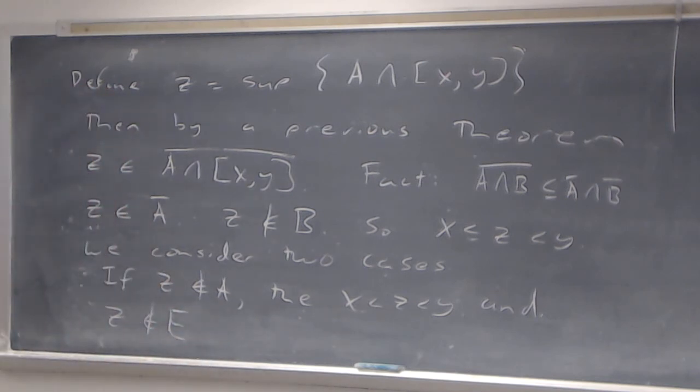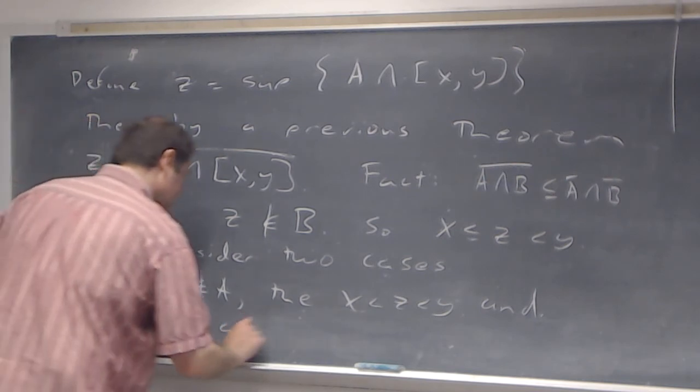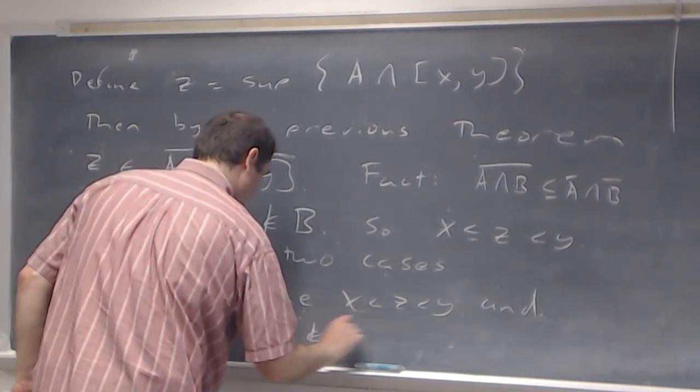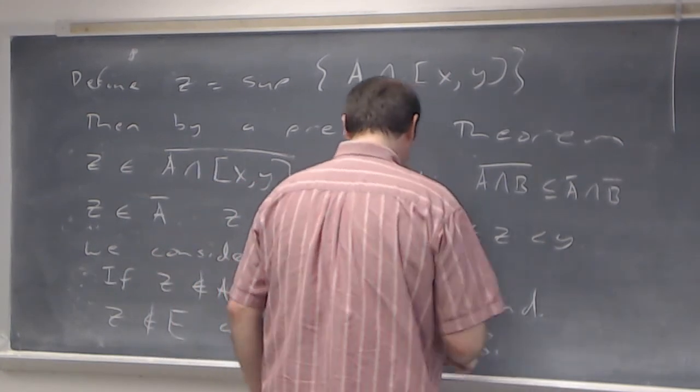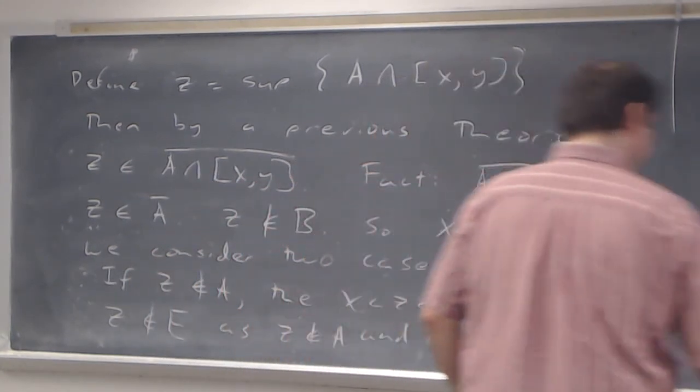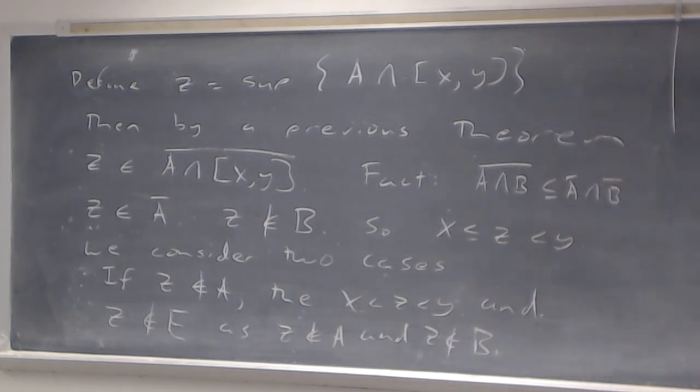Because E is equal to the union of A with B, but z is not in A and z is not in B. Okay? In this case z is not in B, and z isn't in A either. So I want to have one more case to consider.